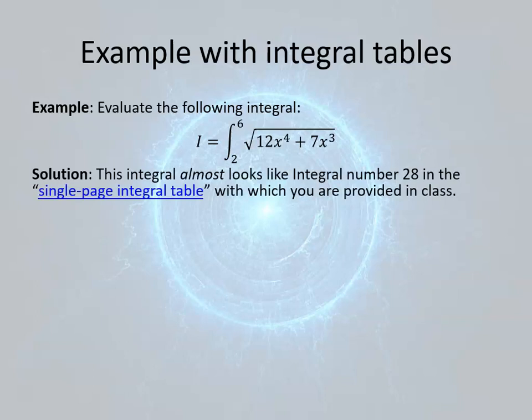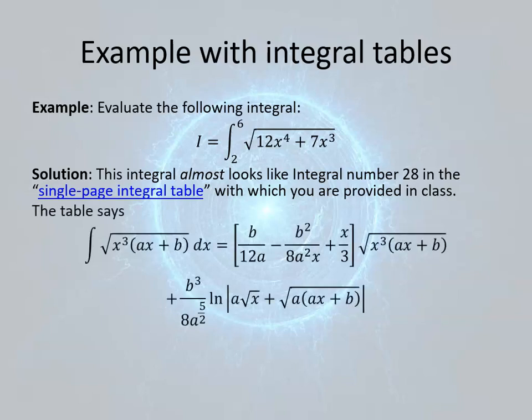So if you click on this link, which if I am not absent-minded, I'll try to remember to post in the video notes, you'll go to the single page integral table, which I give all of my students. And it looks kind of like integral number 28 in that table, which is integral of square root of x cubed times a first degree linear equation. Well, that's what you would get if you factored out an x cubed right here.